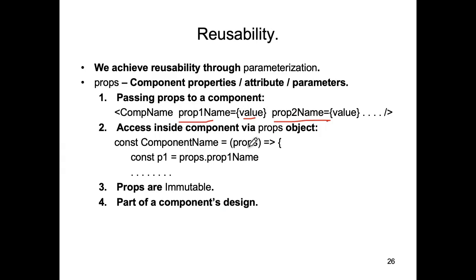And this props parameter is instantiated by the React runtime, and it will instantiate it with an object where that object's keys are going to correspond to the prop names that you've specified up here. And the values associated with those keys will clearly be the value that you assigned to the prop. So this thing here is going to be an object with key value pairs.